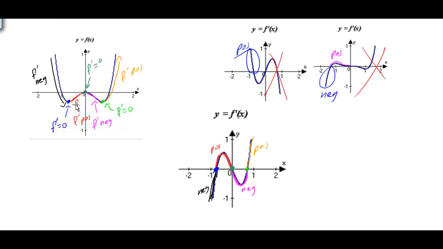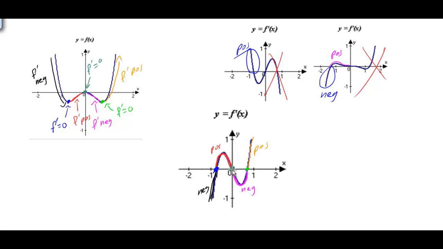Well, one thing to point out, we know that here at the blue dot on the left, we have the blue dot, the green, and this real bright green. We have a horizontal tangent line, which here at these 3 points at our horizontal tangent, our derivative is going to be 0. So the blue and the 2 green dots here are going to be where we cross the x-axis.